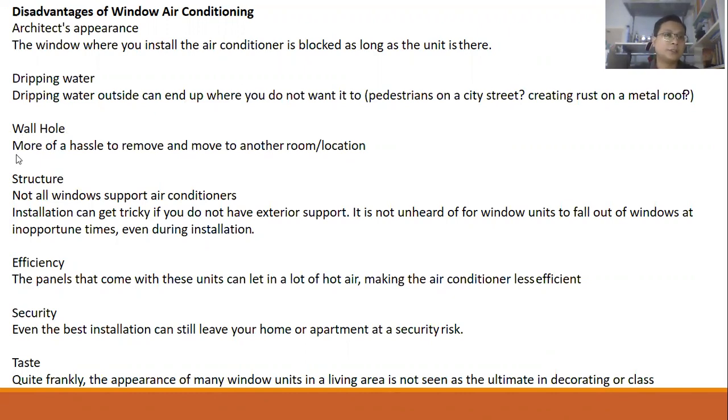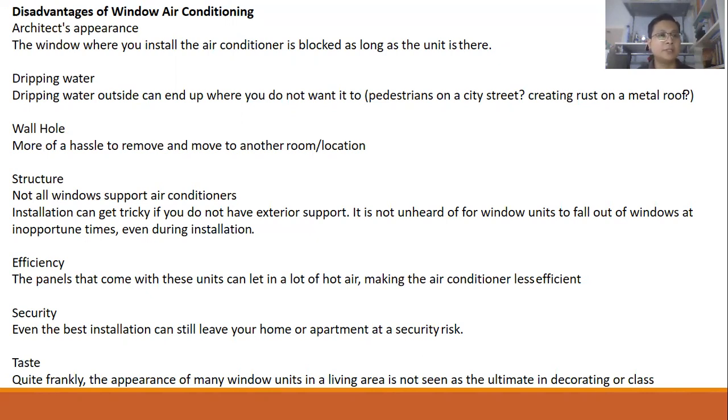A wall hole. As we know, we will make a hole in the wall, and we need to remove the wall for the aircon system. The structure: not all windows support an air conditioner. Installing can get tricky if you don't have exterior support. It's not unheard of for a window unit to fall out of the window at inopportune times, even during installation.